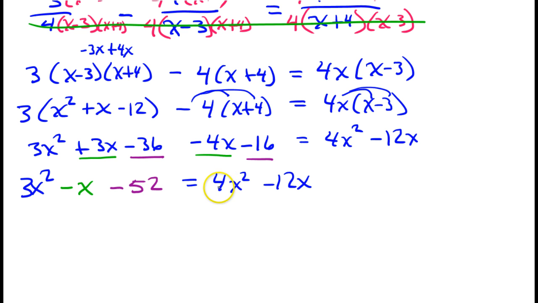It's much easier to factor that way. So I'm going to subtract the 3 so it'll be positive. So I'm going to subtract 3x squared from both sides. Line up those like terms. I'm going to add x, to cancel that out, so plus x. And then I'm going to add 52 to both sides.